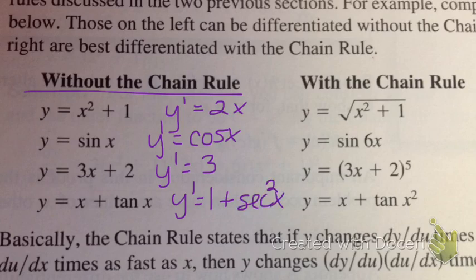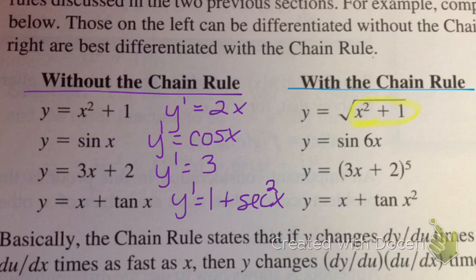But if we look over here on the right-hand side with the chain rule, these are problems where you can't just do the power rule, because there's a function inside the other. For example, on the first one, y equals square root of x squared plus 1. X squared plus 1 is inside the square root, so you have to use the chain rule.